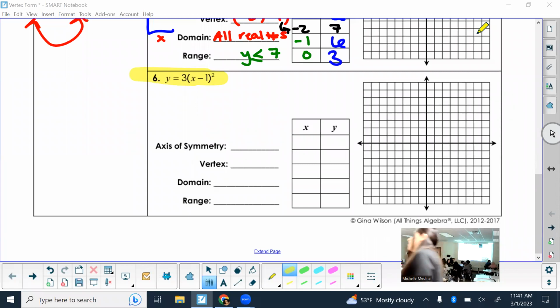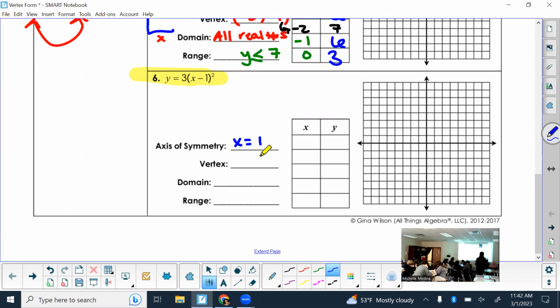Okay, just checking in because I don't want you to get too far if you are incorrect. What's my axis of symmetry for number 6? X equals what? 1. All right, anyone think it should be a -1? Okay, it's a positive one, so you guys are right.